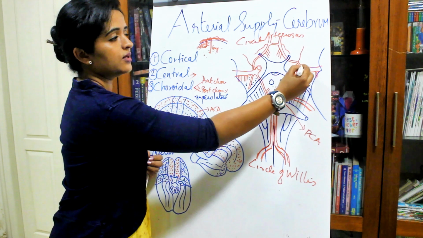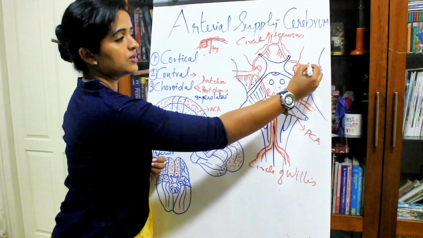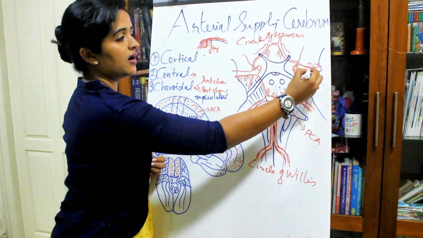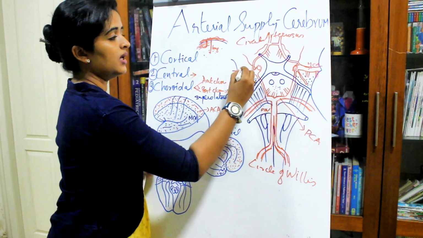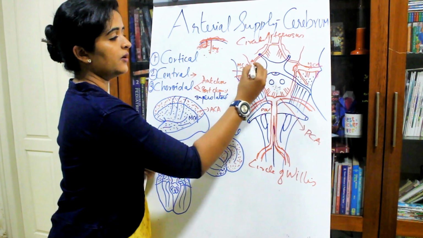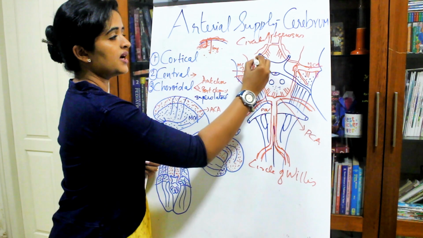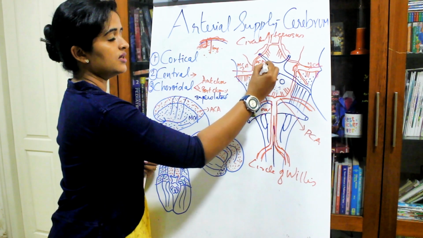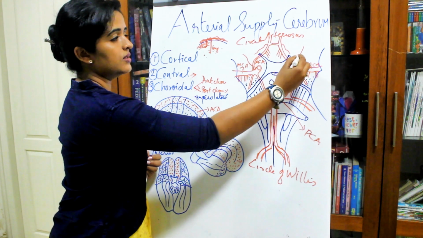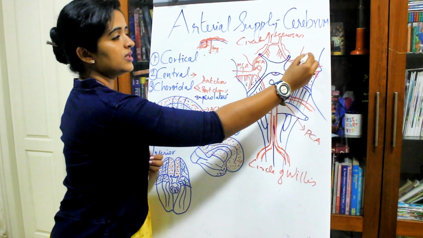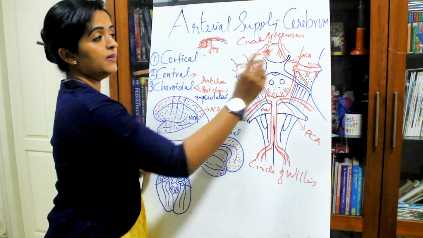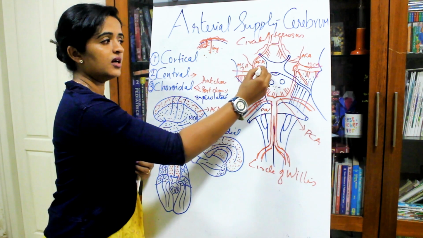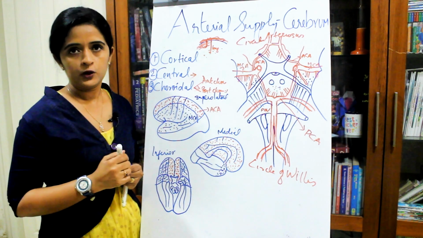From this you can see a larger branch, the middle cerebral artery, and a very fine branch arising from it is known as the anterior cerebral artery. On either side you can see the anterior cerebral artery as well as the middle cerebral artery.